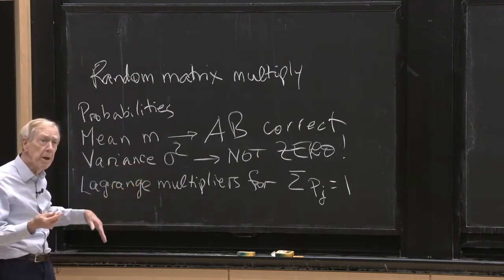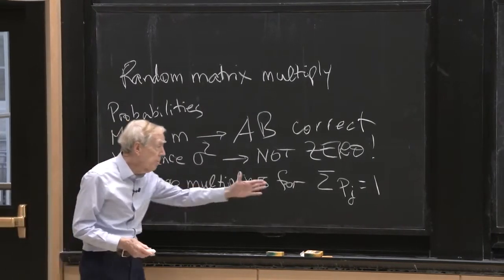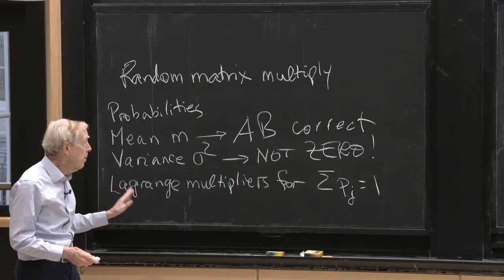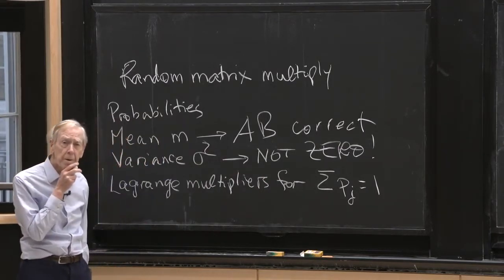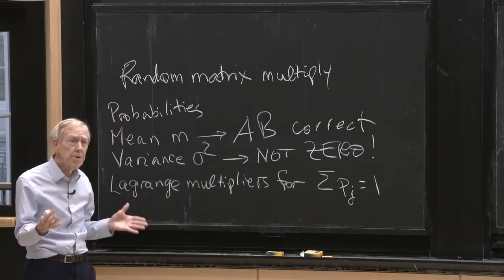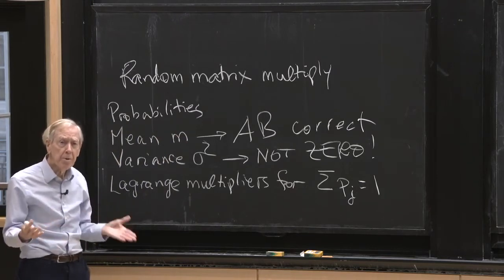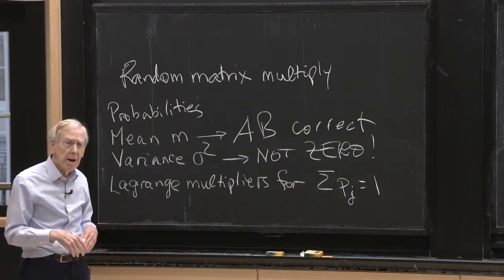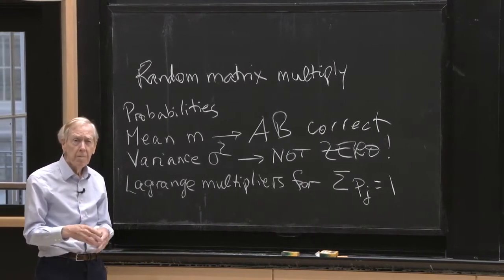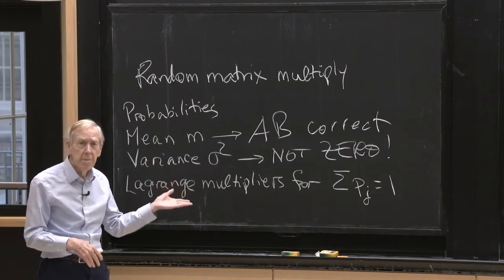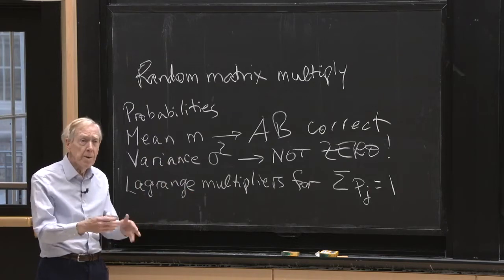So our job will be, once we see how the system works, to assign probabilities, and we're going to choose the probabilities that minimize the variance. So this is a typical situation where the mean is pretty straightforward and does what you want. But having the correct mean does not mean you've got good answers at all. The average of, like, minus 100 and 100 might be a correct answer, 0, but you're way off.